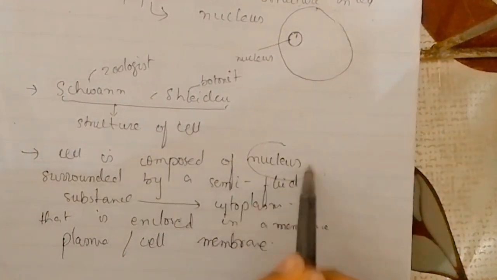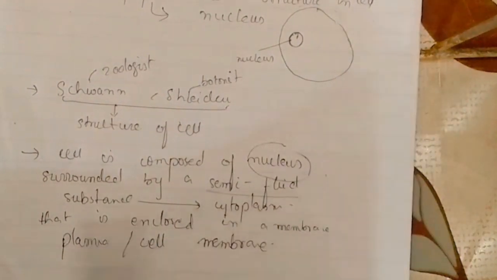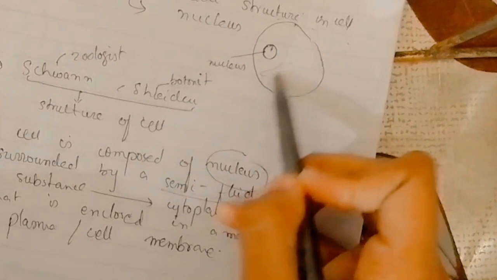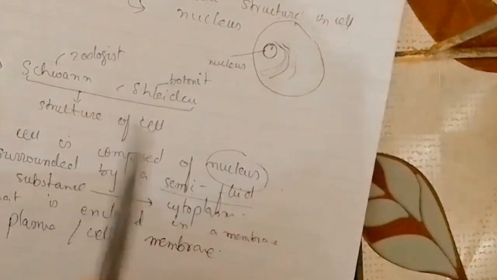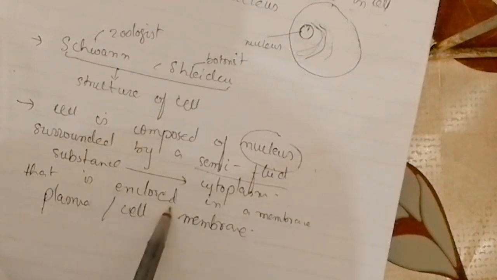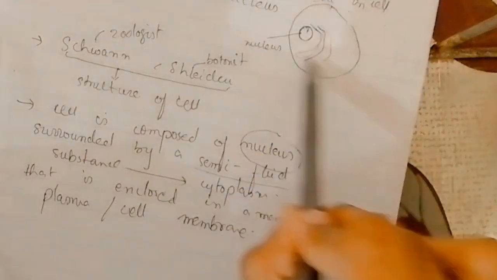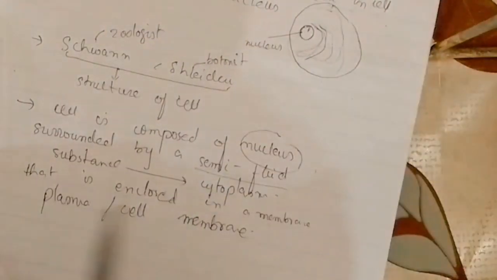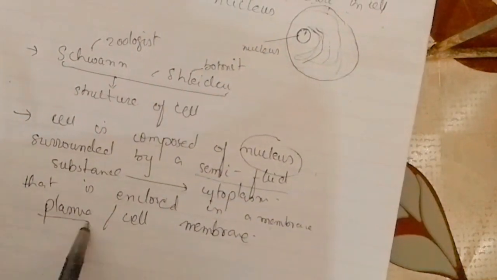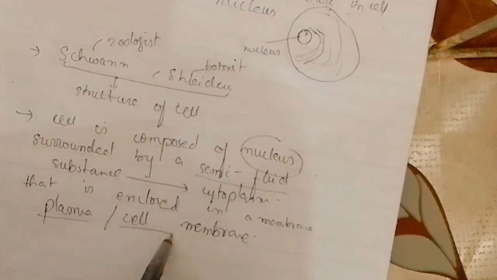Around the nucleus there is a semi-fluid substance that he named cytoplasm, and the cytoplasm is enclosed in a membrane that he named the cell membrane or the plasma membrane. Both are the same, plasma membrane or cell membrane.